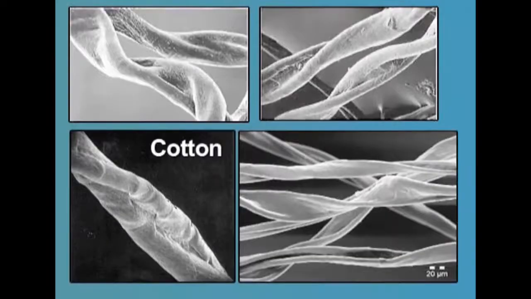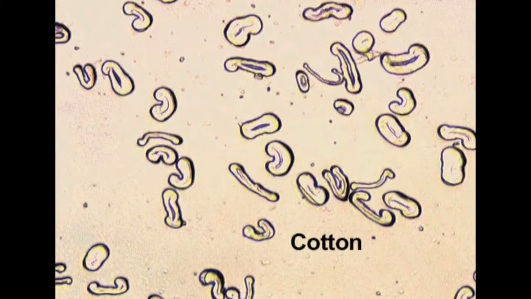In case of cotton, when viewed longitudinally, it is flat, twisted, ribbon like with convolutions, and these are all tapered to one end of the fiber, and the cross section is kidney shaped or bean shaped.